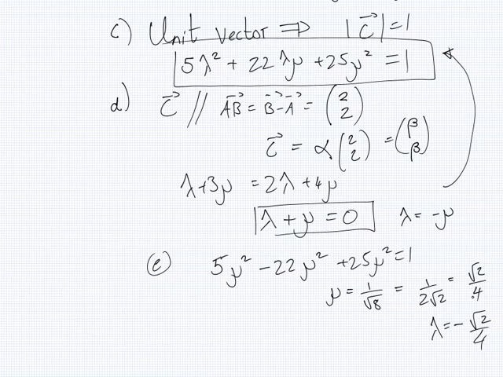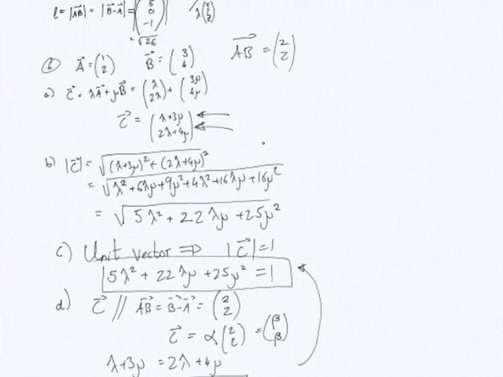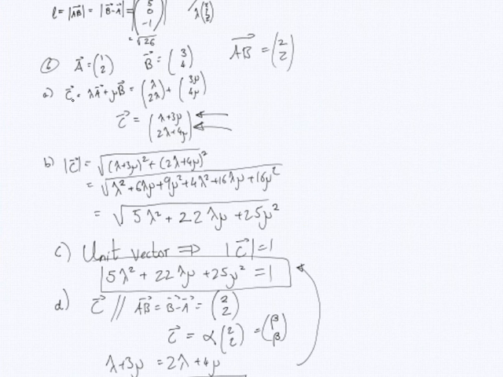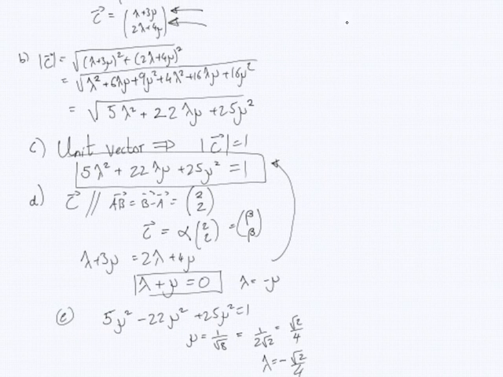So if you think about what you've done now, what I started off with was saying vector C is some multiple of A plus some multiple of B. Let me try and draw what we've just done. Can I just put it here? What did I say vector A was? You can just remind me. 1, 2, was it? So if I draw that, 1, 2, 3, 4, 1, 2, 3, 4.